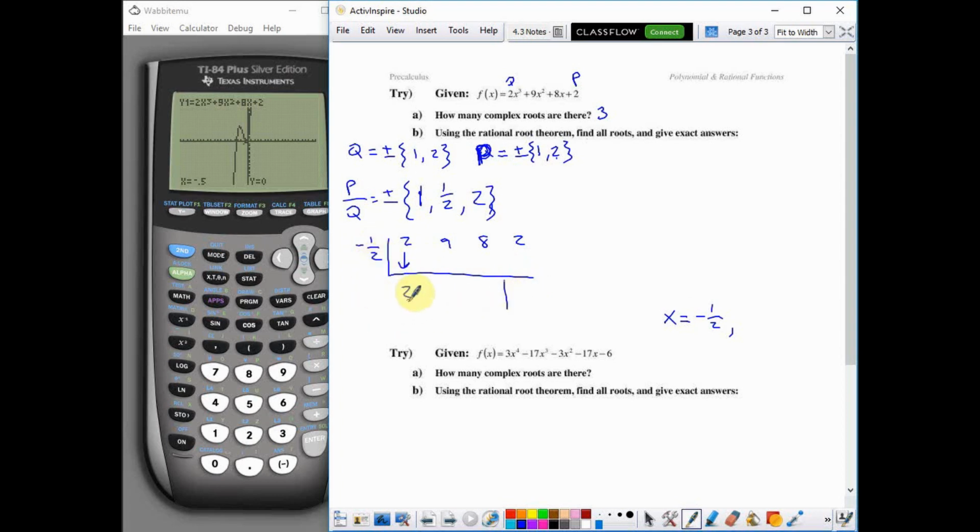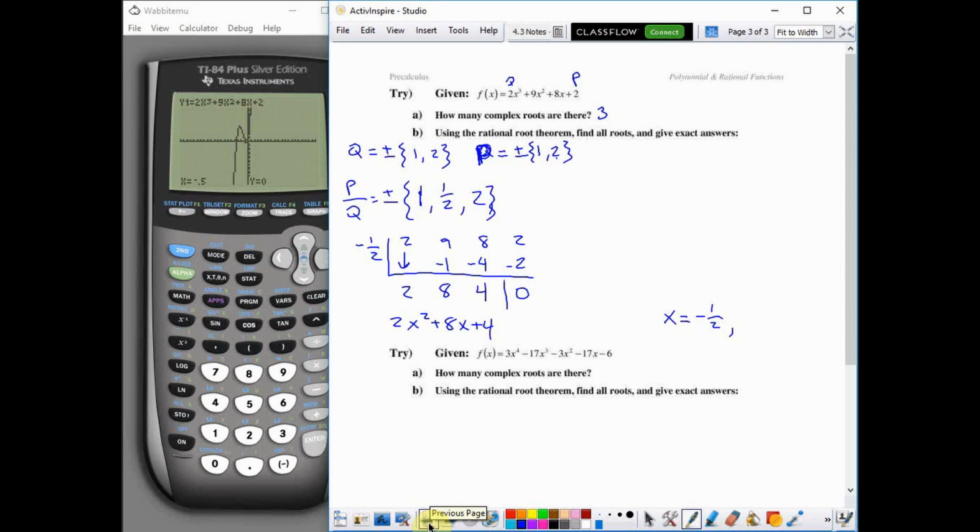So -1/2 times 2, -1, add, I get 8, multiply, -4, add, multiply, and add, and I get a remainder of 0, which is a must. If I don't, then I made a mistake somewhere. So I get 2x squared plus 8x plus 4.